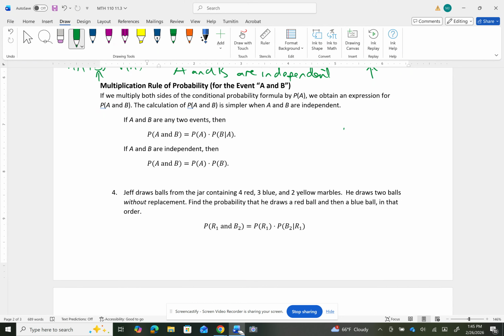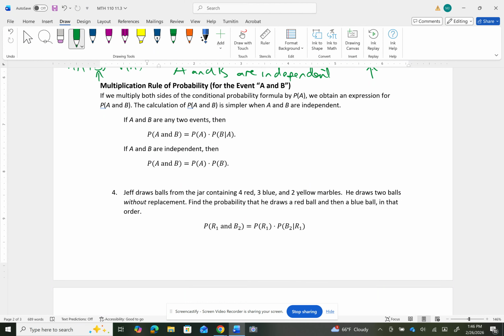Now when we did it, it really turned out to be more that we were using the number of elements in A and B and the number of elements in A. So we had a different way of talking about it.